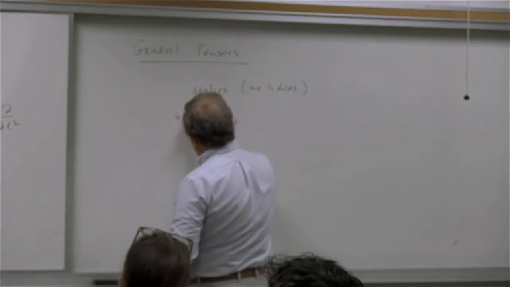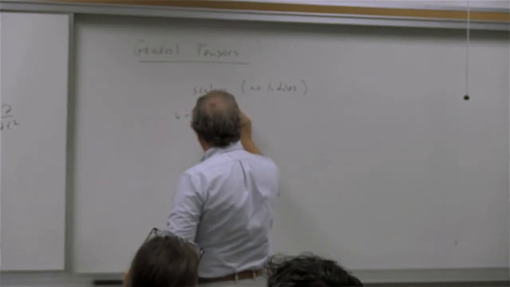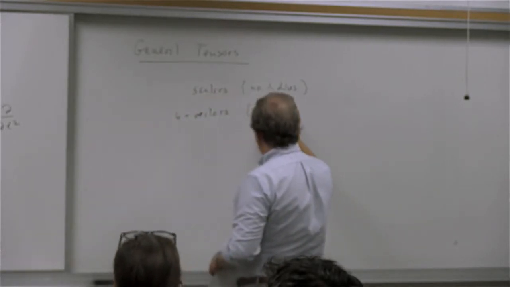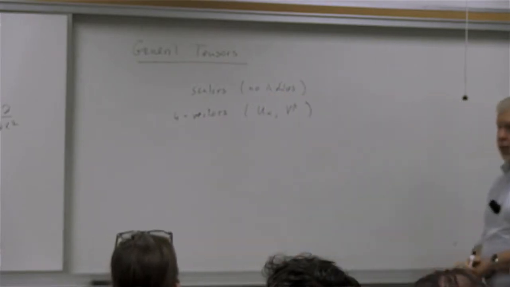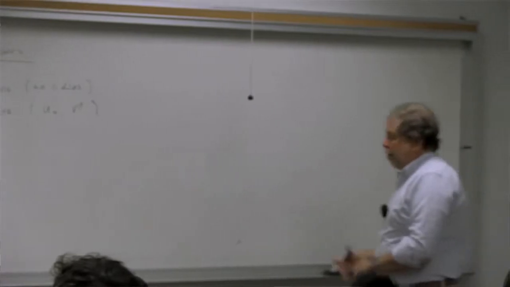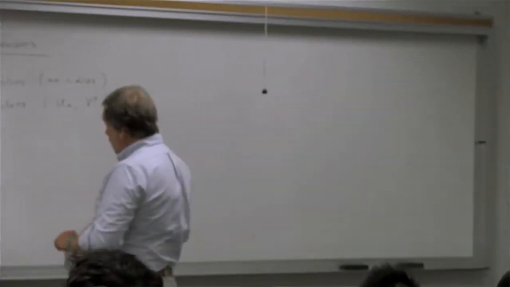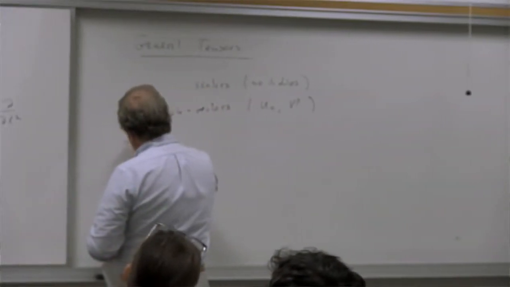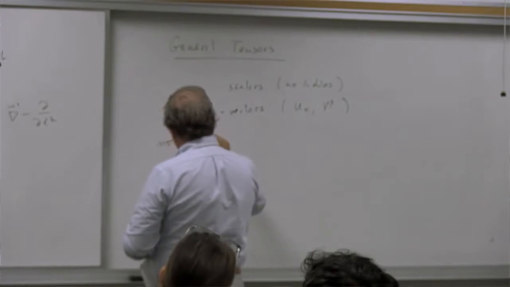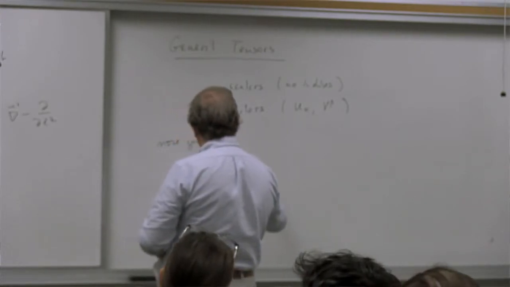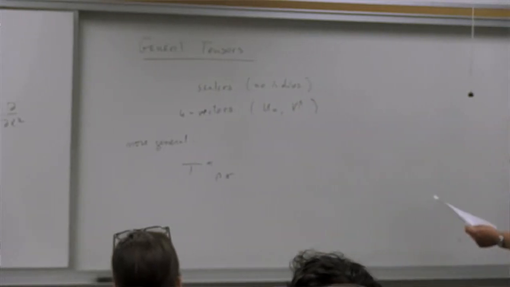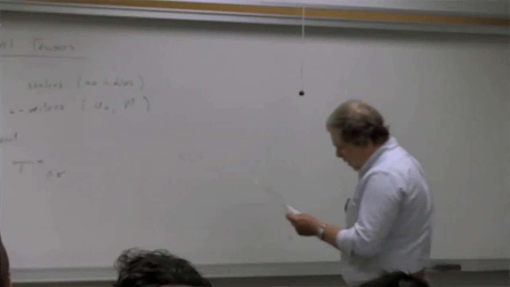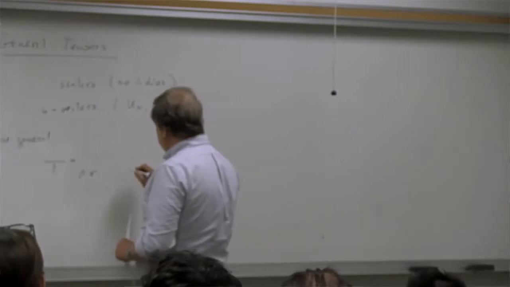We have 4 vectors, of which we have both the u alpha and the v beta, depending on whether the index is upstairs or downstairs. But we can have more general entities, such as something that is T alpha beta gamma, for example.